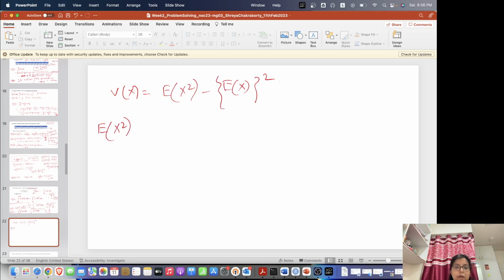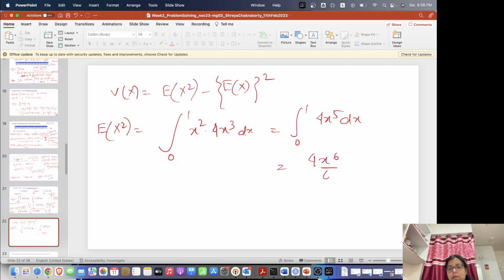Expectation of x square is integral from 0 to 1 of x square times 4x cube dx, which is integral from 0 to 1 of 4x to the power 5 dx, which is 4x to the power 6 by 6, ranging from 0 to 1. This is 4 by 6 or 2 by 3.